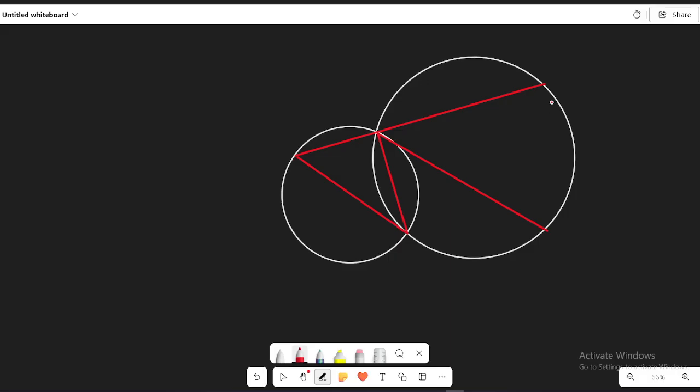Yeah, okay, there. This line, that, this line. Oh, I should also mention this is the center. That all the lines.